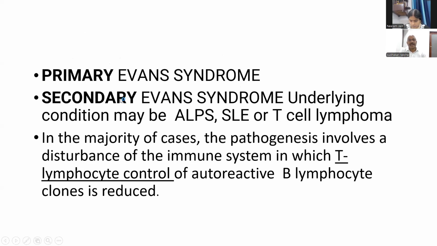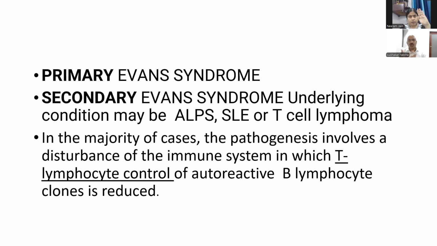It may be secondary to systemic lupus erythematosus. SLE means systemic lupus erythematosus, an autoimmune disorder. Evans syndrome can occur secondary to an autoimmune disorder like SLE, or it can be secondary to autoimmune lymphoproliferative syndrome, or it can be secondary to T-cell lymphoma. In all these diseases, there is autoantibody production.